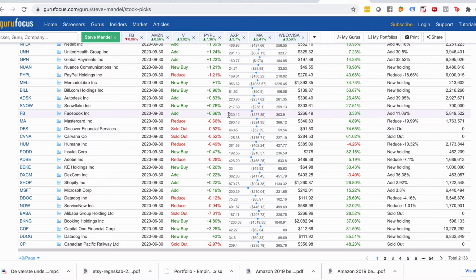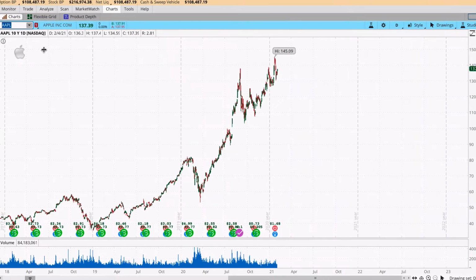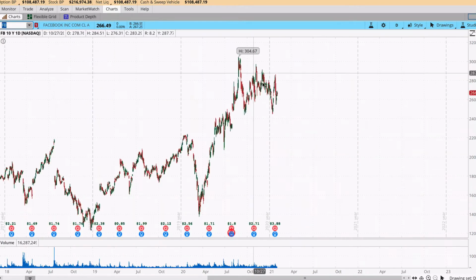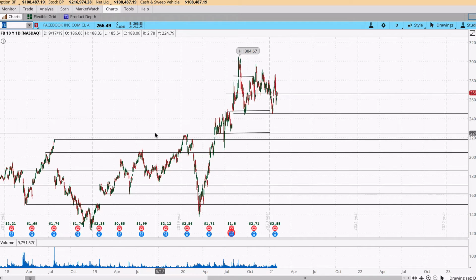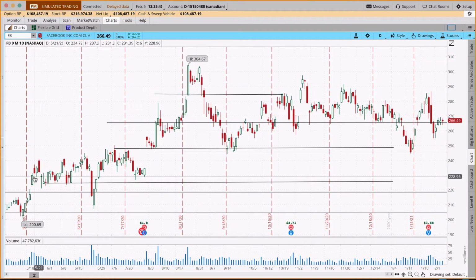But the best thing to do really is to look it up. So you can use whatever platform you prefer. And we're going to look up Facebook here. And then we're going to go back and see what happened in that quarter. So we know that he bought these shares in the third quarter of 2020. So that would be July, August, and September. So let's have a look.